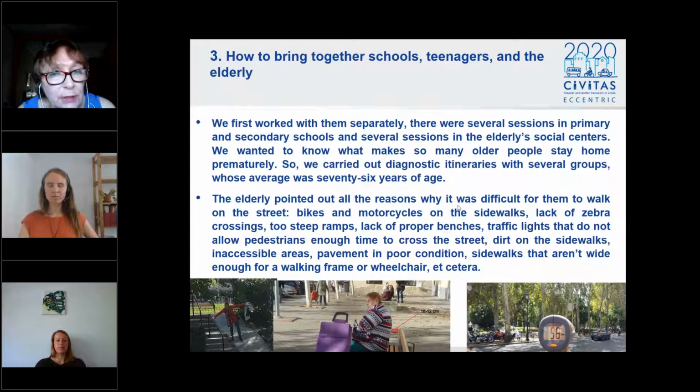The elderly pointed out all the reasons why it was difficult for them to walk on the street.